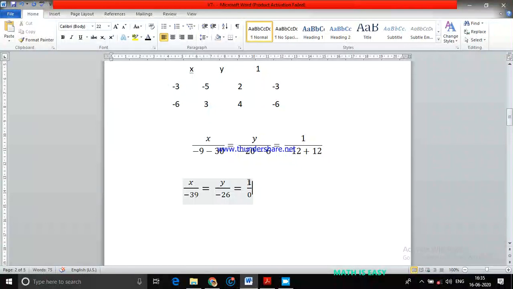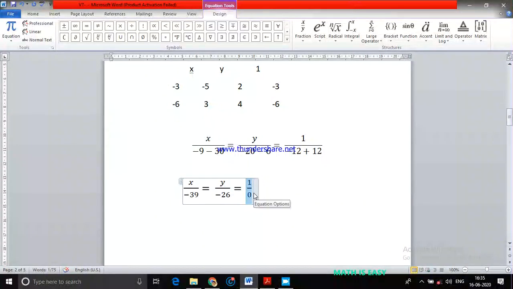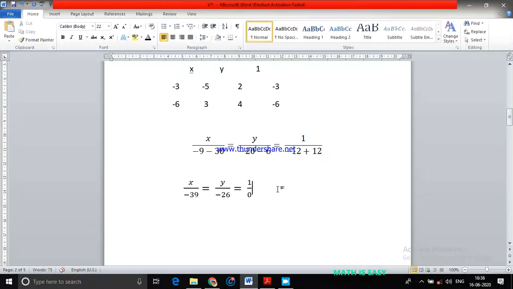Okay, so generally we will take 1 upon 0 as infinity, so x upon minus 39 equals infinity, that means x value is infinity, right?